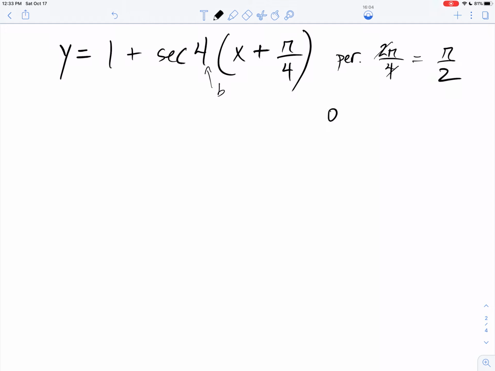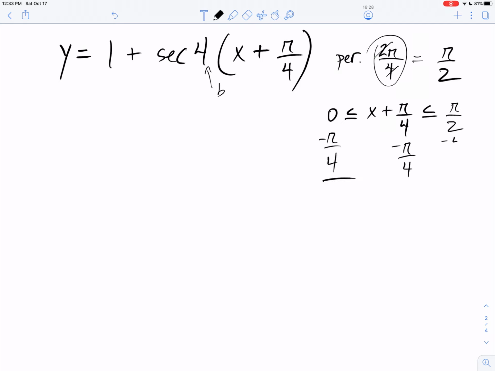So I start at 0, and then I have this phase shift, and it ends at pi over 2. But you know what? I could have left it as 2 pi fourths. I didn't have to reduce it right away. I don't know if you guys see this, but then I'd have common denominators when I subtract here, but I guess it's not too bad. Whoops.